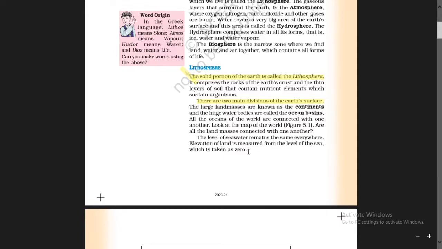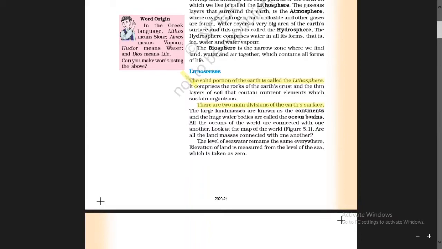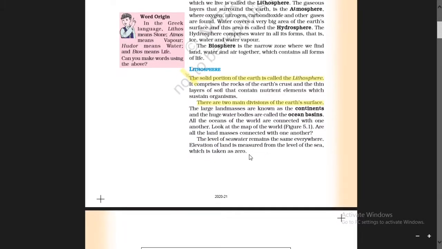So these are again two facts, boys. Come on, tick mark it. The level of seawater remains the same everywhere. And another one is elevation of land, which is measured from the level of the sea, taken as 0. From the level of the sea, we measure the height of any land.